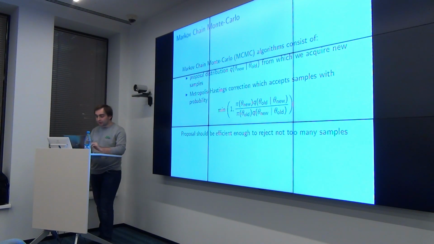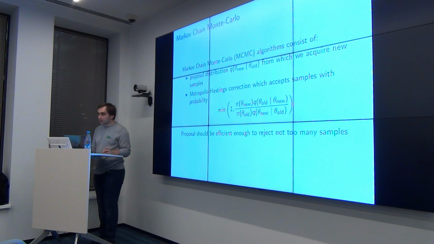So Markov chain Monte Carlo algorithms consist of a proposal distribution, Q, which allows us to get new samples given the old ones. But as the proposal can be arbitrary, we cannot guarantee that all the samples will be from the correct distribution.